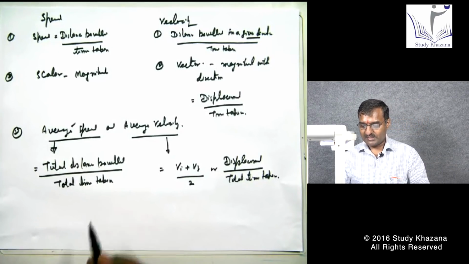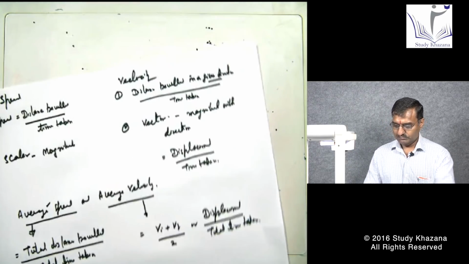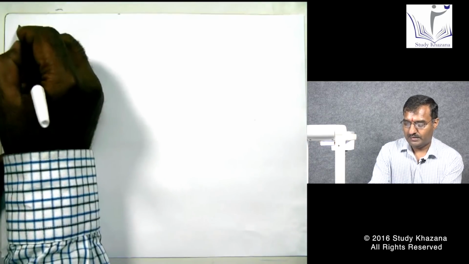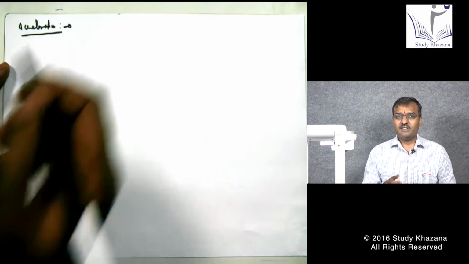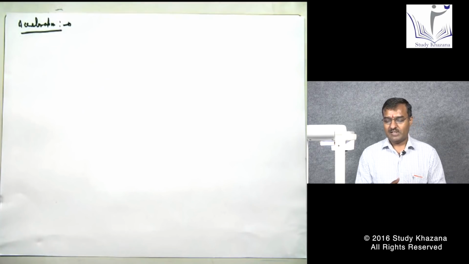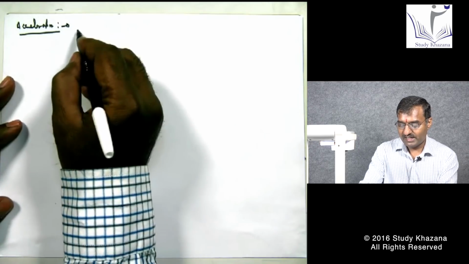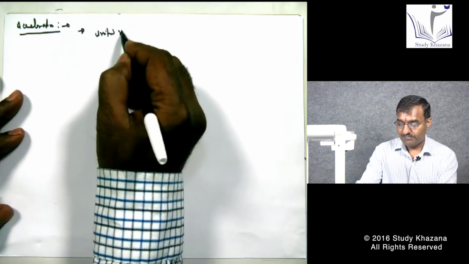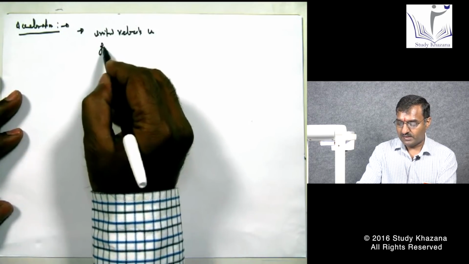Next is how to define acceleration. Acceleration is defined as the rate of change of velocity. Say an object is moving with initial velocity u and its final velocity is v.